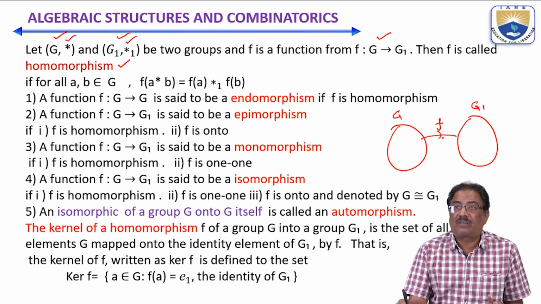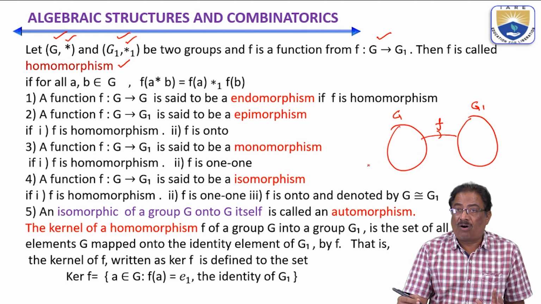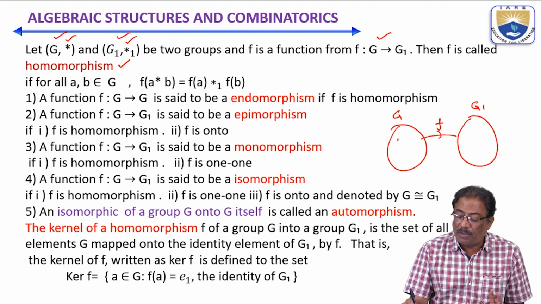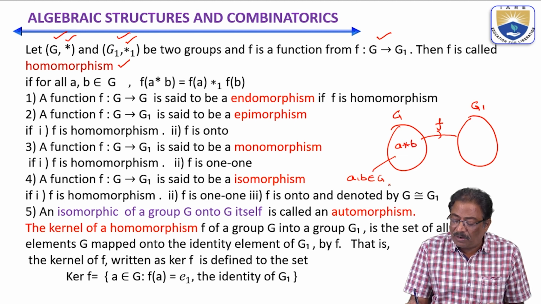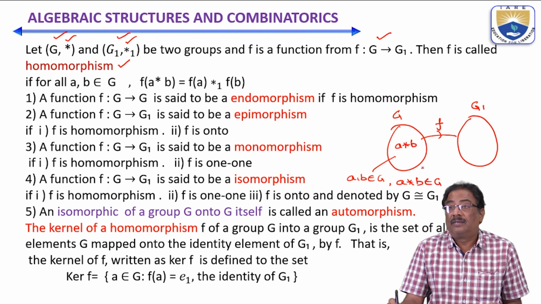For all a, b belonging to G, since G is closed, a star b also belongs to G, because it is a group under the binary operation star.